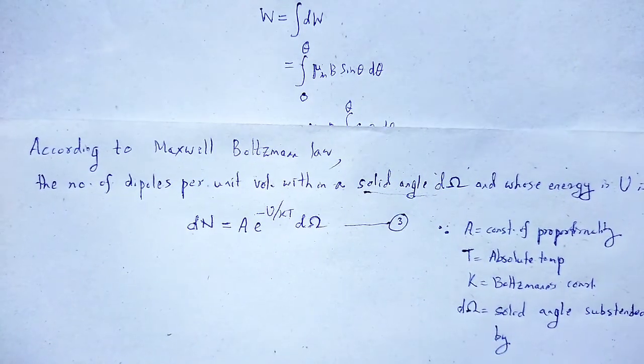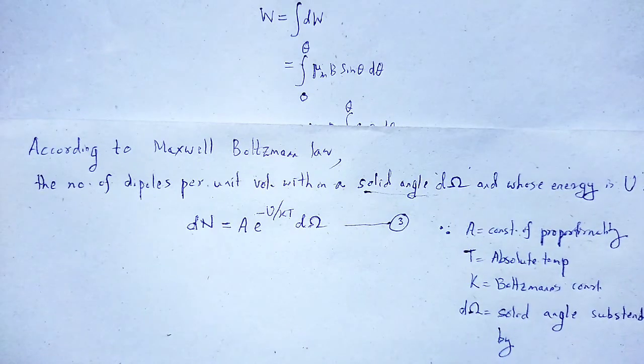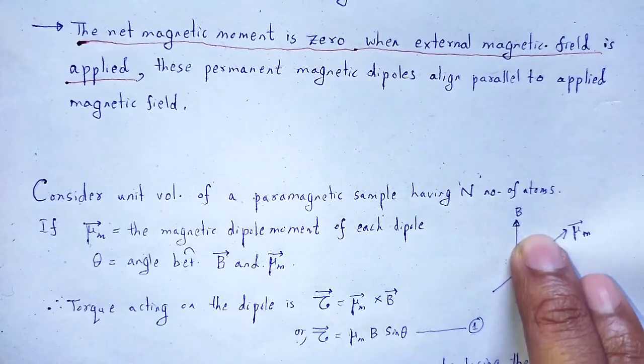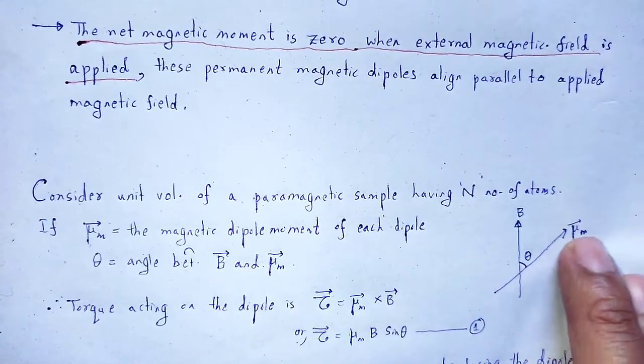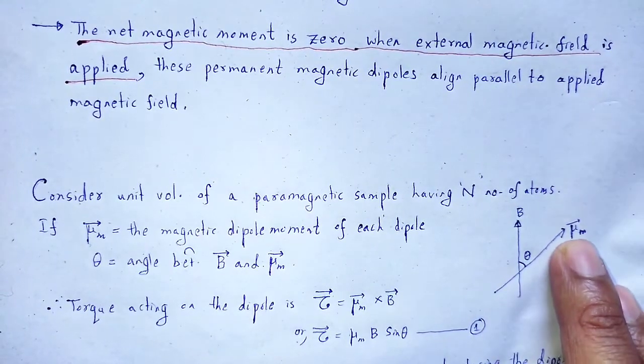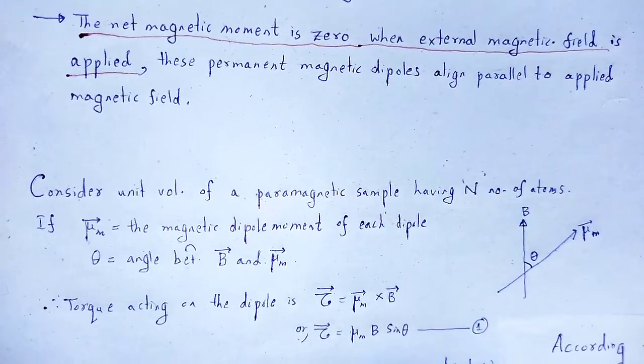let me figure it out. What is d omega? Look at that figure: that is the applied magnetic field and which one is the magnetic dipole moment.